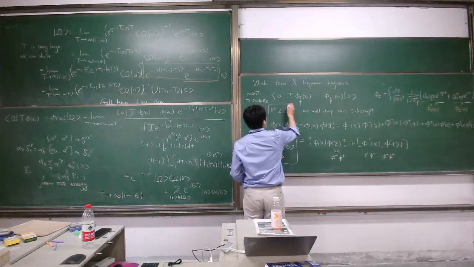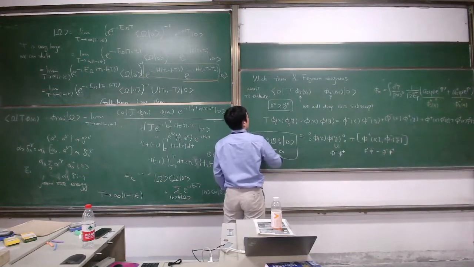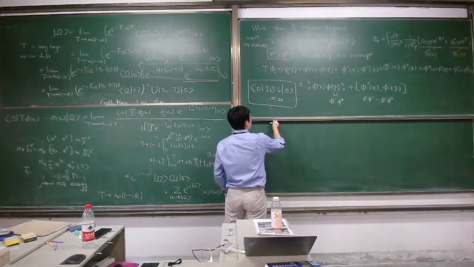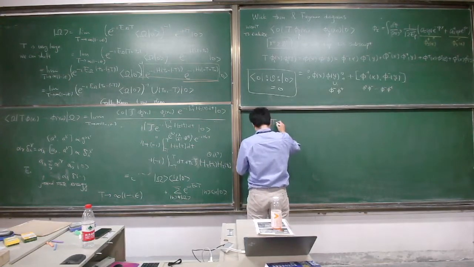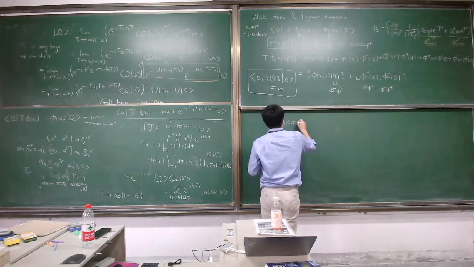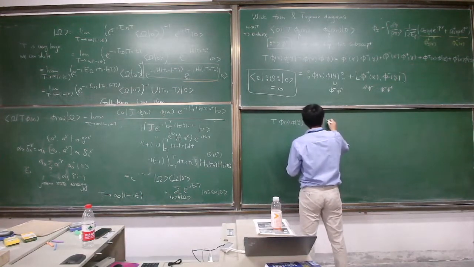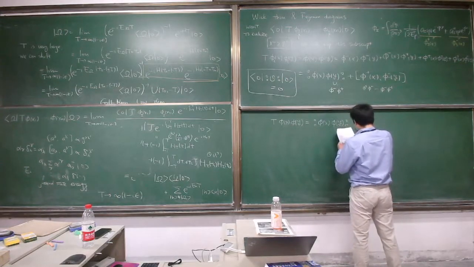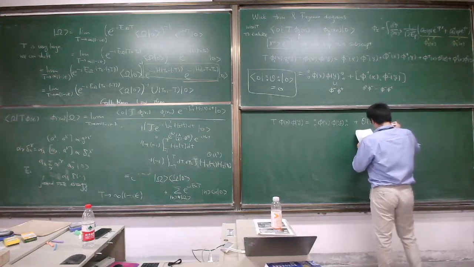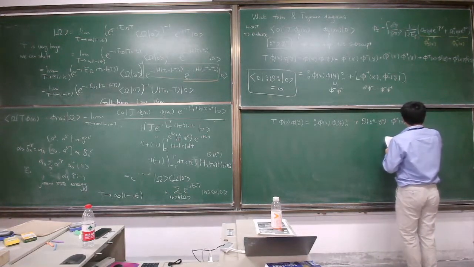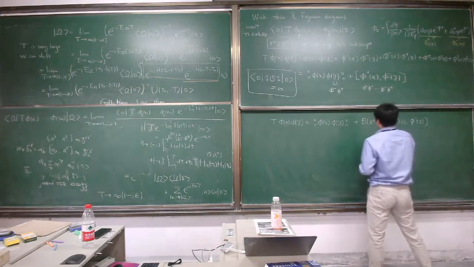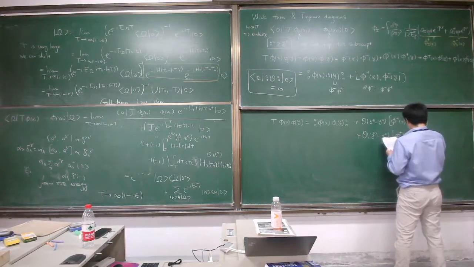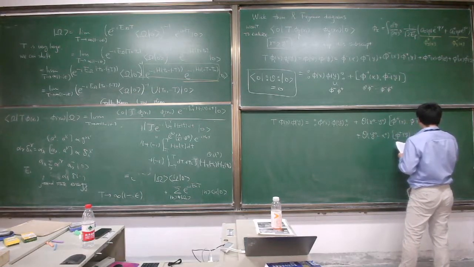So if you drop this condition, here we assumed this condition, but if you don't put this constraint, what we have is T of phi x phi y is equal to the normal ordering like this.